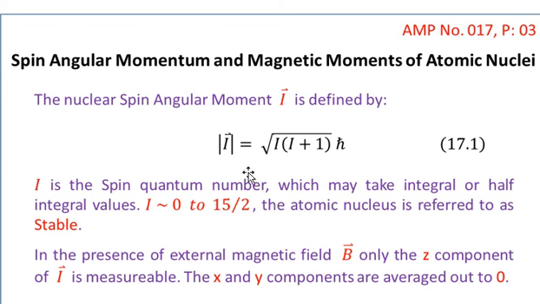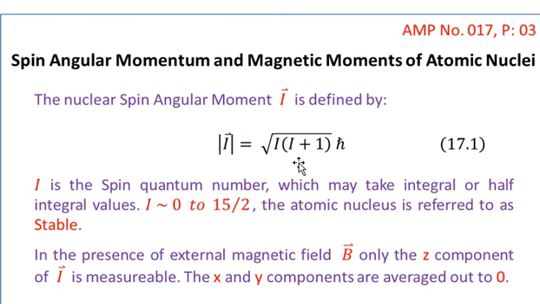Its magnitude is related with the spin quantum number of the nucleus, as given in the square root sign. So that capital I in the square root sign is actually the quantum number, and the quantity mod I on the left hand side of equation 17.1 is actually the magnitude of the spin angular momentum.